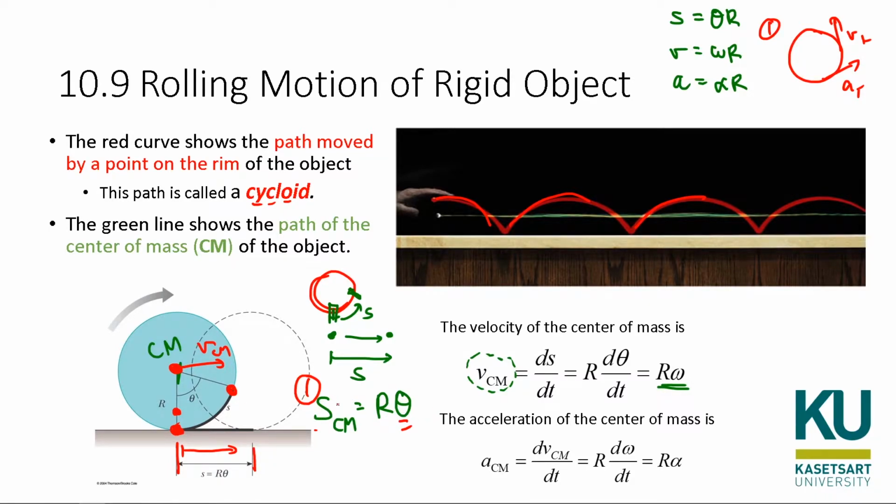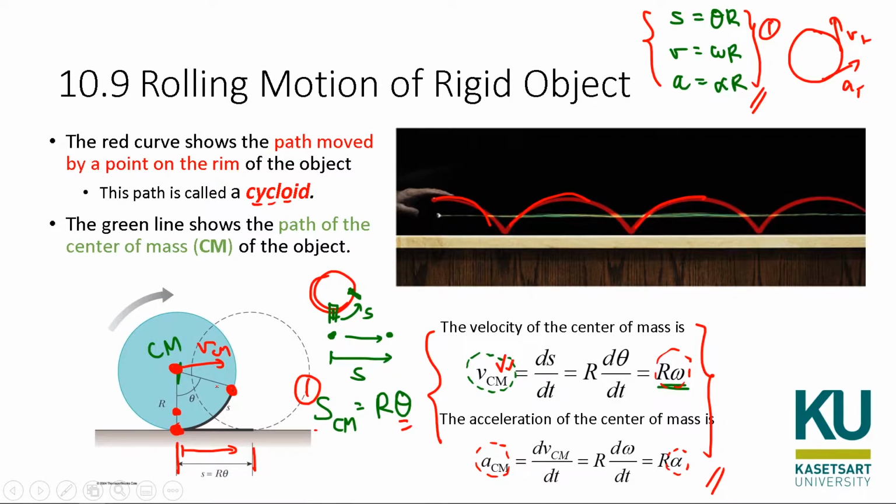When you differentiate s by dt, you get the velocity of the center of mass, which equals r omega as well, and the acceleration of the center of mass equals r alpha. So the translational quantities accidentally have the same form, but in detail they are slightly different.